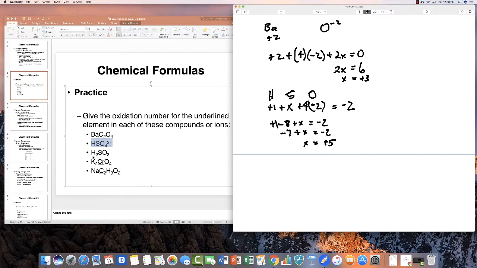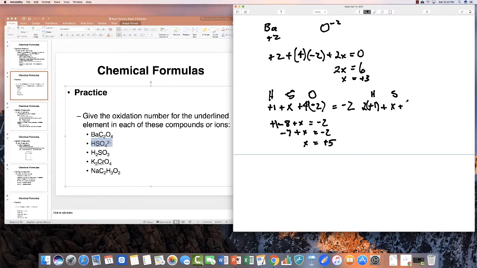Now we have the same situation here. Now this is a compound, so this sum is going to be 0. But it's, again, the combination of hydrogen, sulfur, and oxygen. So again, hydrogen combined with nonmetals is plus 1. There's 2 of them now, so we're going to do 2 of those. Sulfur is what we want to know, and there's 1 of those.